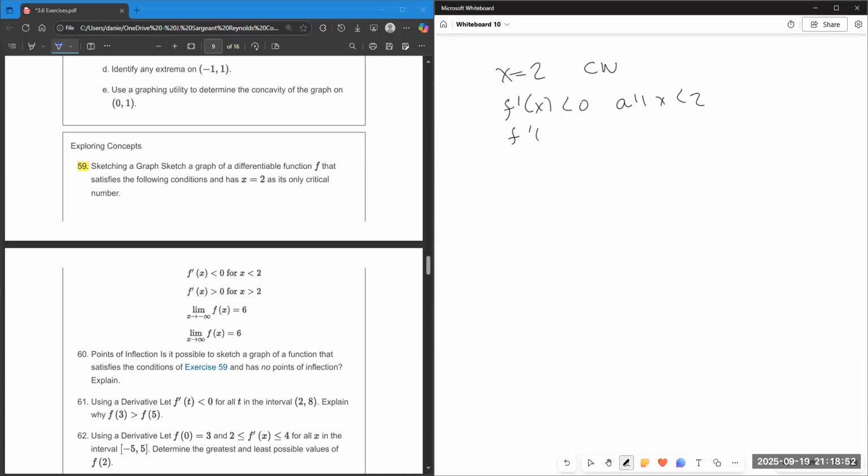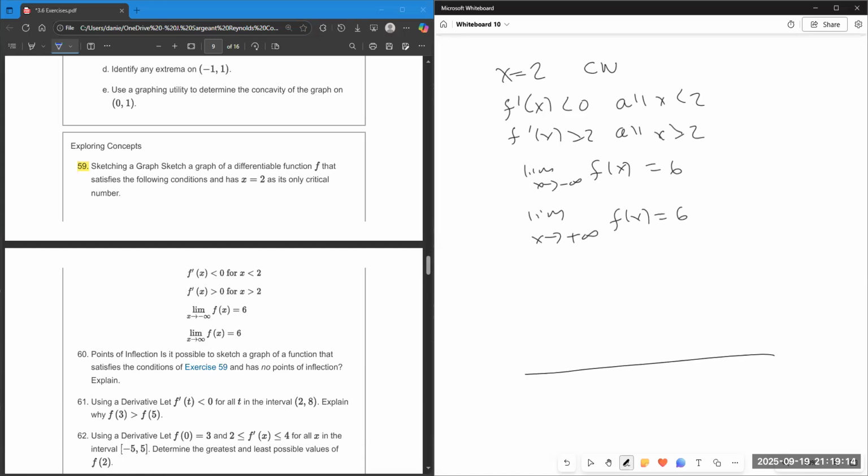F prime of x is greater than 0 for all x greater than 2. The limit as x approaches infinity of f of x is equal to 6. The limit as x goes to negative infinity of f of x is also 6.